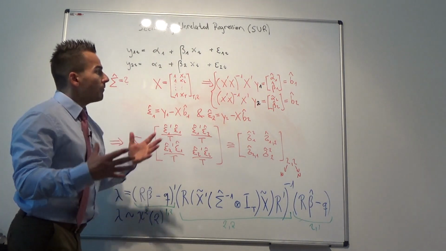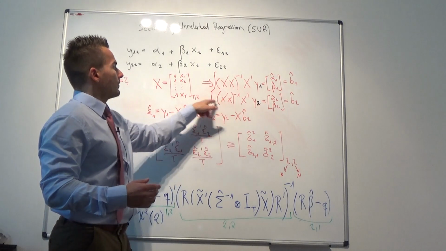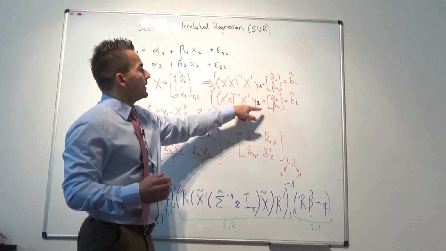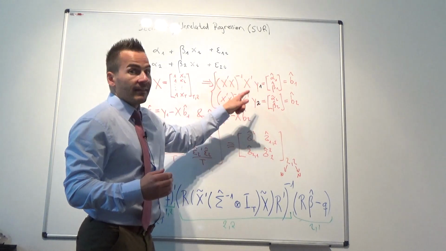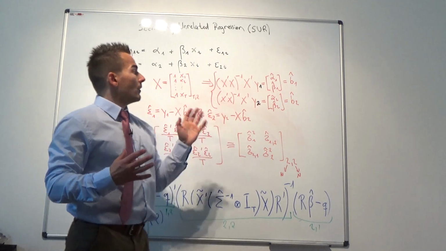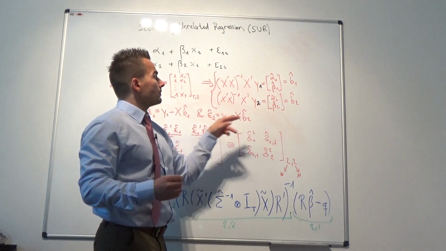So we have to do the same for the second equation. The regressor matrix is the same, so we do the same regression, but we have to use as regressand the vector for the second test asset, which is our y2.